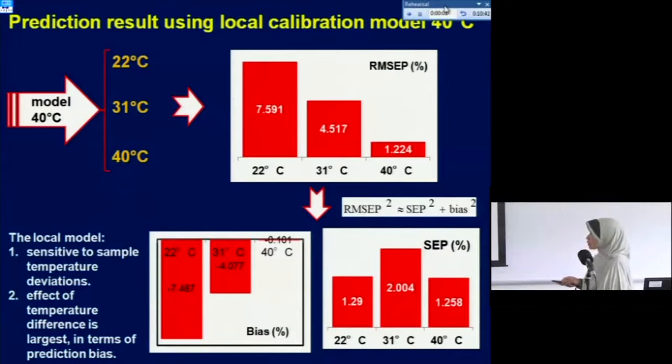The same result was observed for the local calibration at 40 degrees Celsius: good prediction at the same temperature and worse prediction at different temperatures. Again, the effect of temperature difference is larger in terms of bias, not SEP.